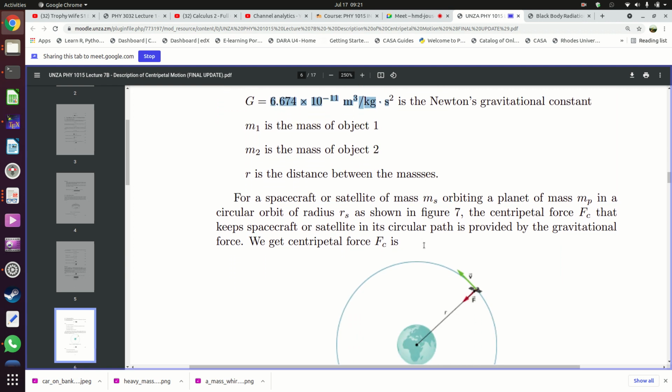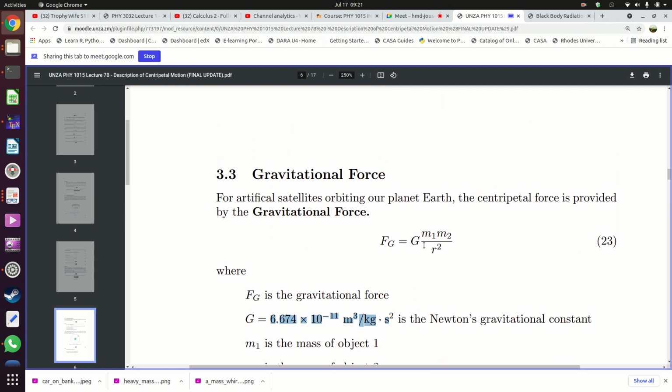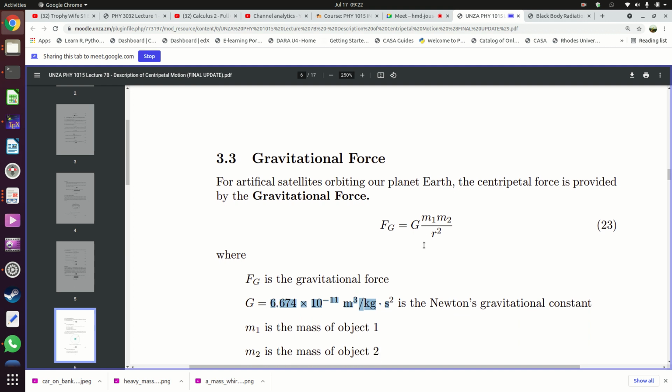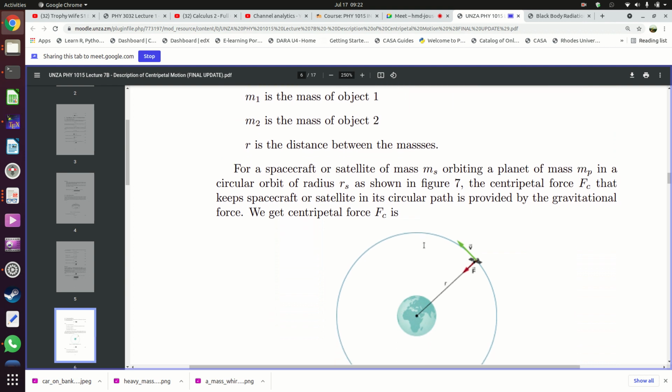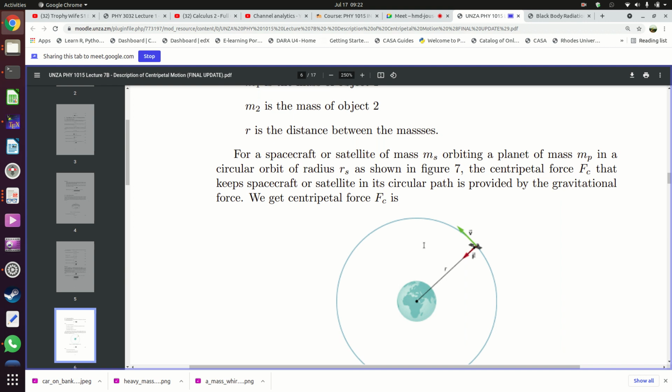Our interest in this gravitational force as a source of centripetal force is with the use of satellites. We have satellites which provide telecommunication going around the Earth.